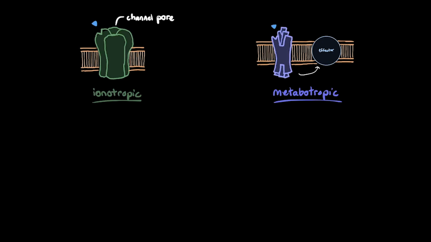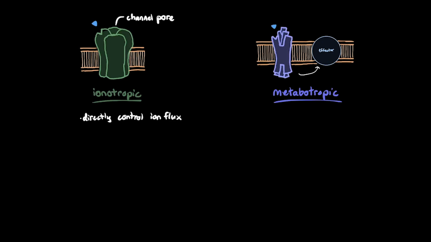ion flux. So in this way, ionotropic receptors directly control ion flux. And direct means it's the same macromolecule, same protein that has the channel pore that can conduct ion flux and that binds the ligand.